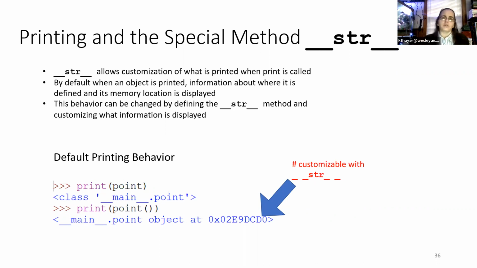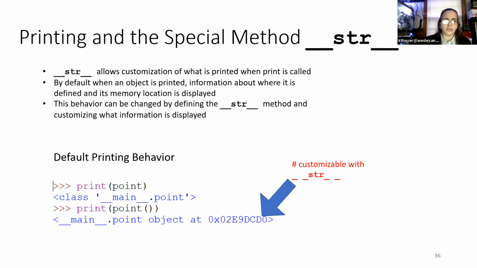So printing in the special method str. So notice that this is a double underscore and str. I wonder if that has something to do with string. Well, in fact, it does. So str is going to allow customization of what is printed when print is called. So remember that when we call print, it gives you some information that you may find less than intuitively helpful.